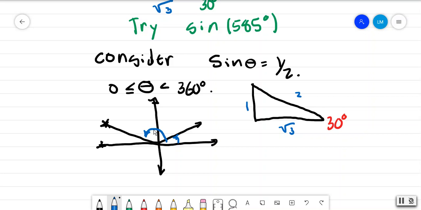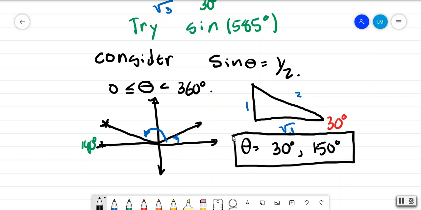Now, in this case, we know that the reference angle was 30. So knowing that this is 180, that means that this is 150. So you have theta is equal to 30 degrees, comma, 150 degrees.